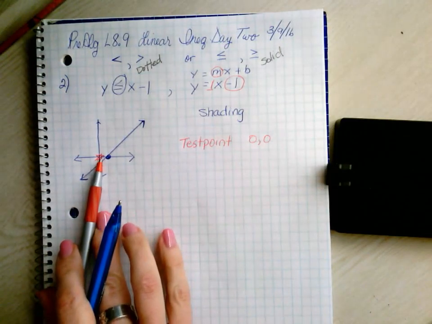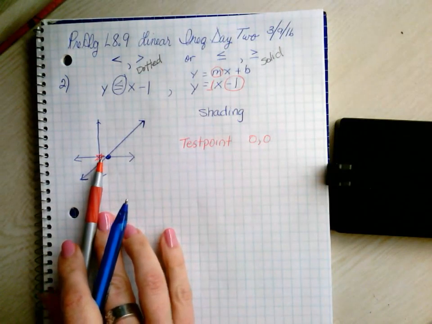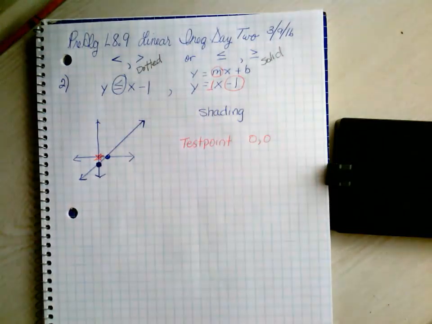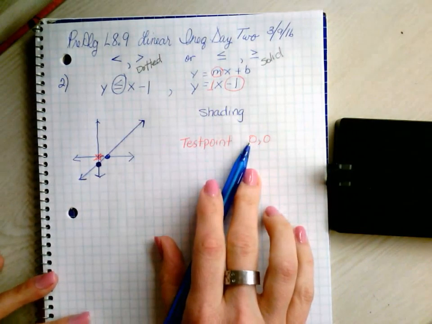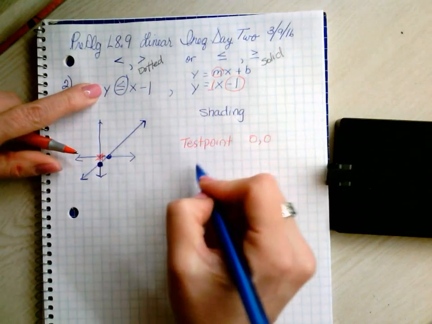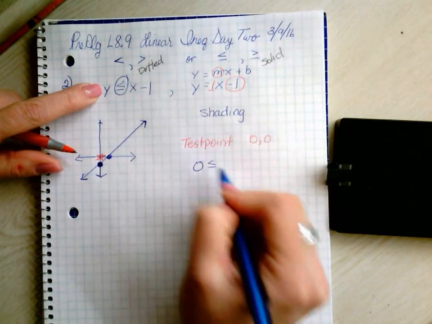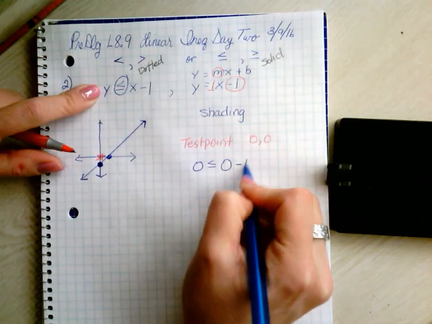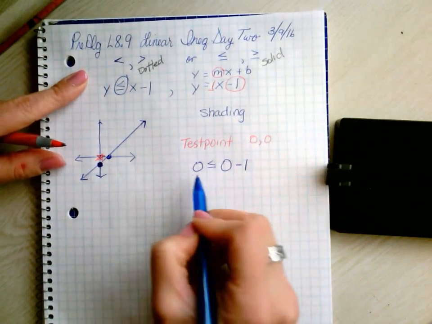If this test point makes a false statement, then everything on the other side must be true. So 0, 0, plugging it in, y is 0, is less than or equal to 0 minus 1.